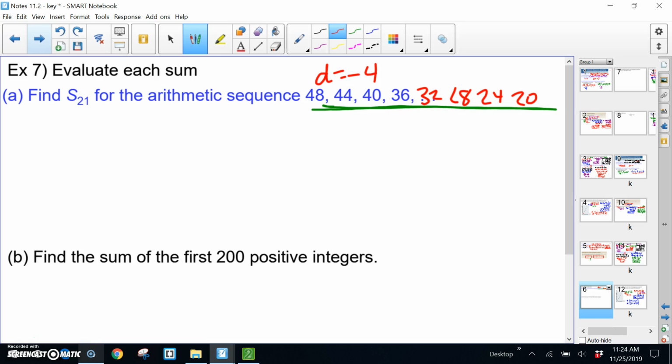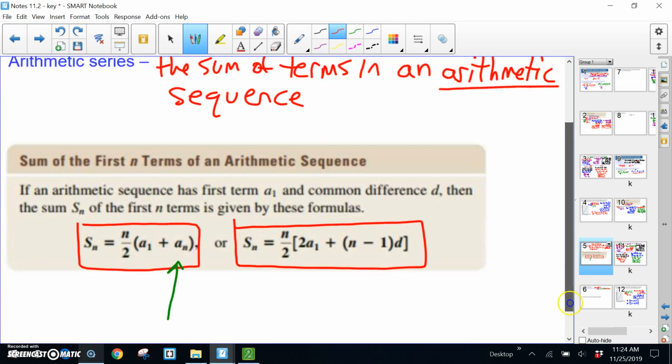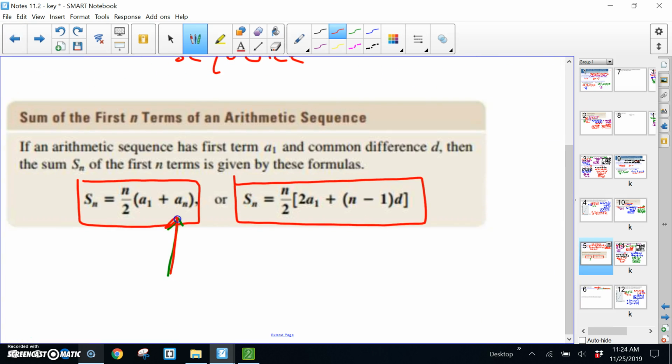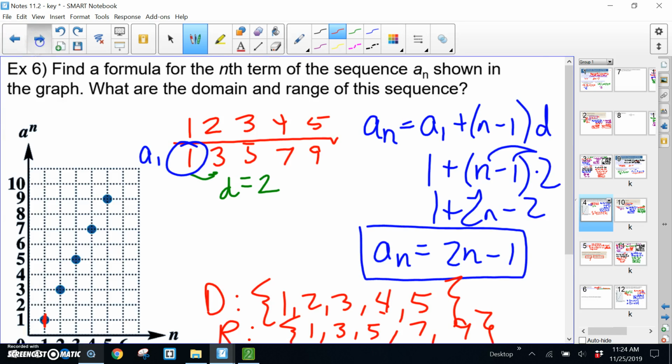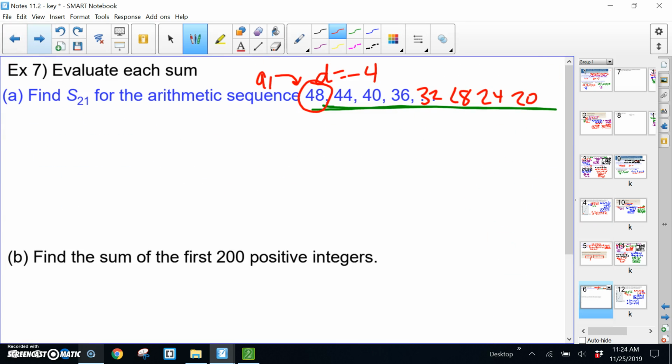So notice what we've got. I can see the first term, A1, is 48, and I see D is -4. I don't have the last term, the nth term, so I'm guessing I'm going to use the other formula here. I see that n is 21.